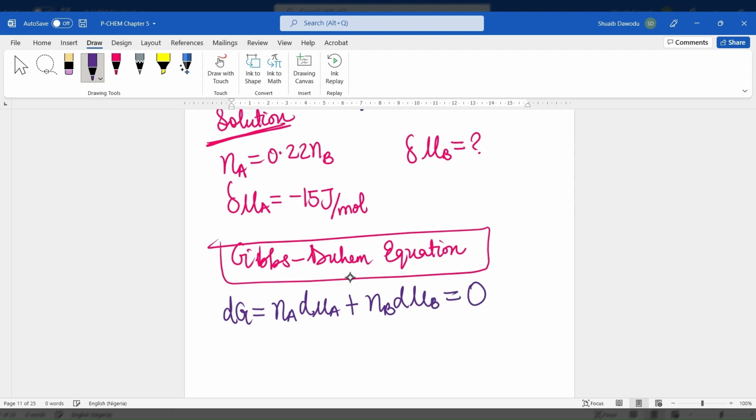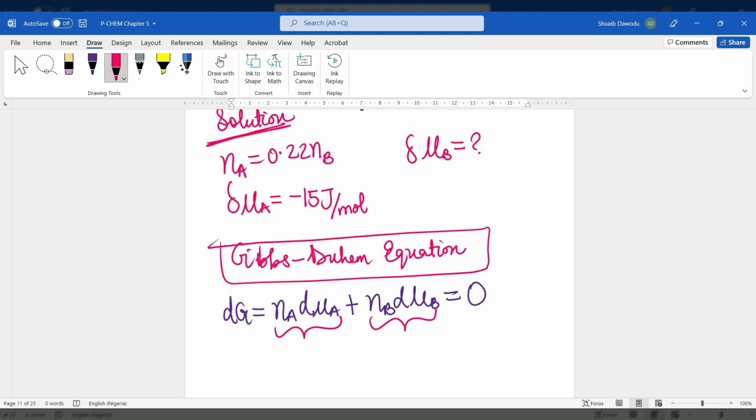What this equation is telling us is that we determine the product of the number of moles and the change in chemical potential of each component, and then add up the products for each component. In this situation, we have a binary mixture, which is a mixture of two components. An example is sugar water, the mixture of sugar and water.